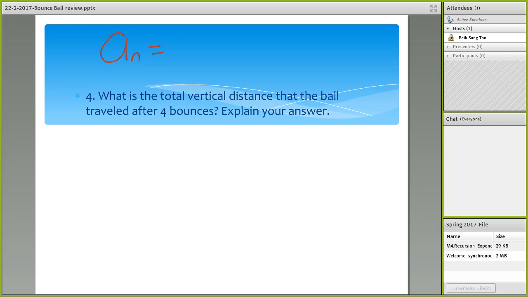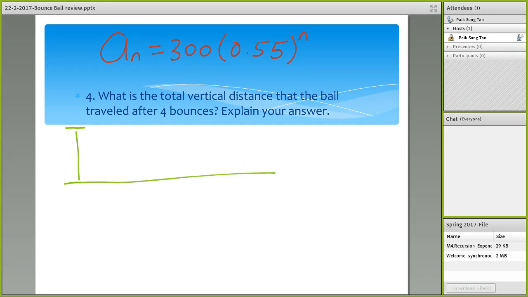Now the last question. What is the total vertical distance that the ball travels after 4 bounces? Alright, so here's my formula. Let's transfer it over. A n equals, let's write in centimeter, 300 times 0.55 to the power of n.